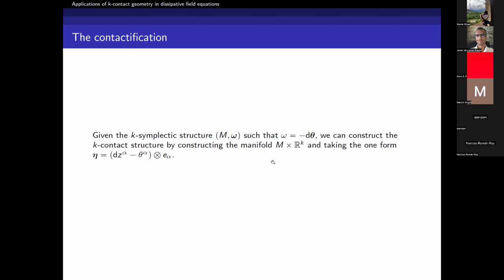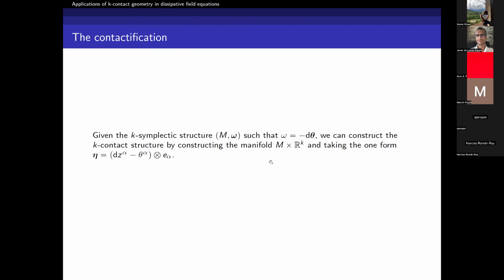Could you explain what a k-symplectic structure is for those who don't know? Okay, a k-symplectic structure is basically a manifold with k two-forms. The two-forms have to be closed, and I don't remember if more.